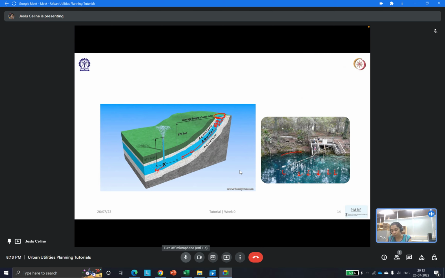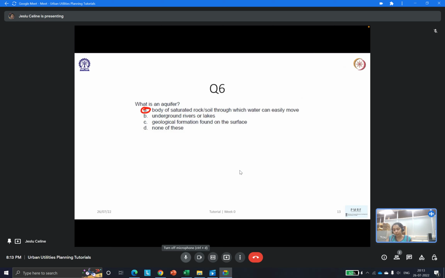A set of rocks or filtration units through which the water flows before it reaches the groundwater is called an aquifer. So the answer is A: a body of saturated rocks or soil through which water can easily move is called an aquifer, and its purpose is that it filters the water in the process and recharges the groundwater. So that's all about the questions for today.